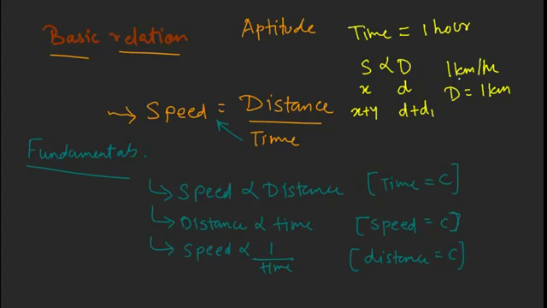So this is the first case. Now suppose you increase your speed to say 2 kilometers per hour, and your time still remains fixed, that is 1 hour. Then what would be the new distance? It would be 2 kilometers.